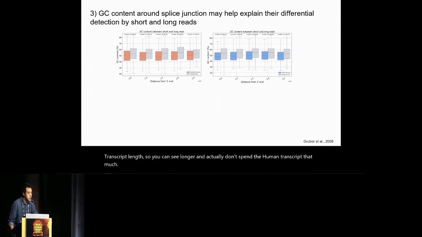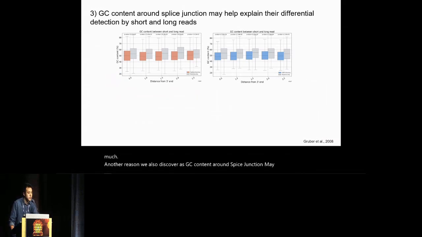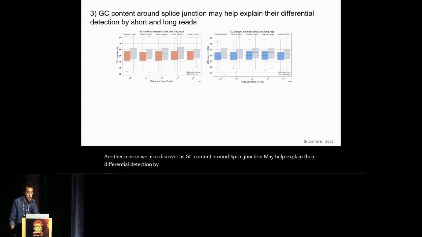Another reason we also discovered is that GC content around the splice junction may help explain their differential detection by short and long read. So to explore this, we selected junctions that have more than 40 reads and computed the GC content around the splice site of 100 base pairs, so left 50 or right 50, as a function of distance from the 3' end, similar to the previous plot. And we divided these into 2 groups.